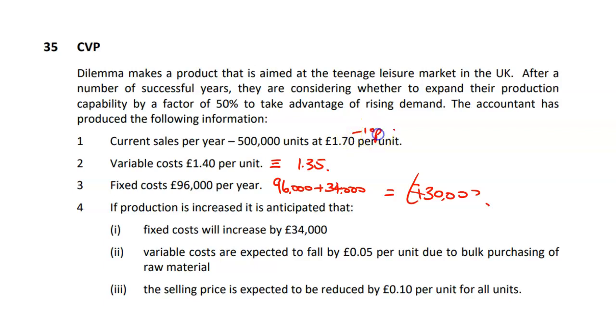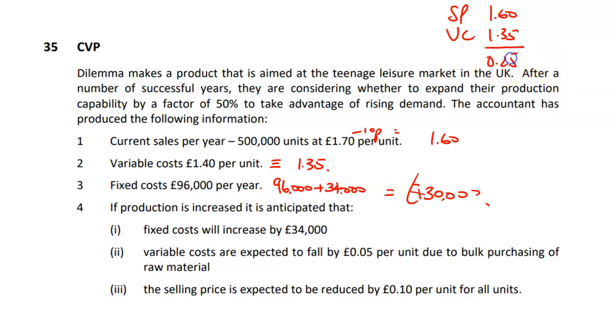So this becomes £1.60. So I have new figures to work with in effect. So again, I simply have selling price £1.60, take away the new variable cost of £1.35, and you have there £1.60 minus £1.35 takes us to 25p.